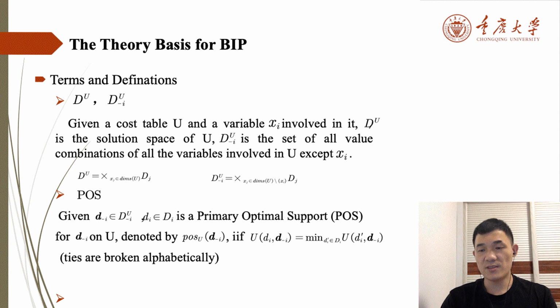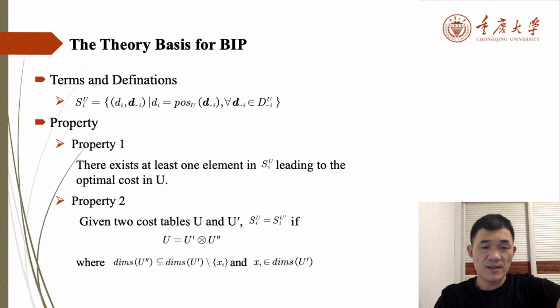Di is a primary optimal threshold for d minus i on U if it's the best response of d minus i on U. S_i^U, defined as follows, is a subset of the solution space of U. It has two properties, based on which BIP is presented.